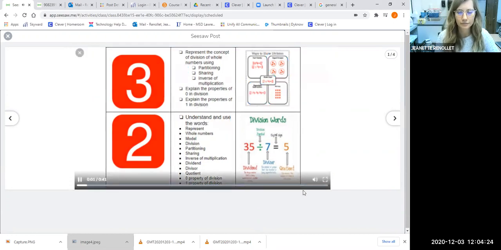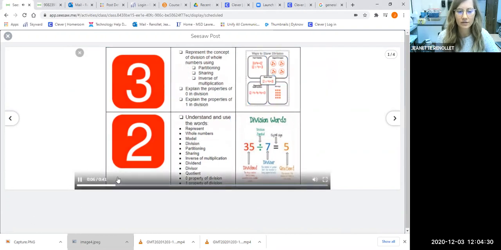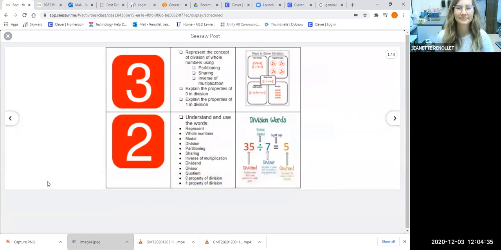Over the past few weeks, we've been working on representing the concept of division of whole numbers using multiple strategies. The strategies that we have learned are partitioning, sharing, and the inverse of multiplication.